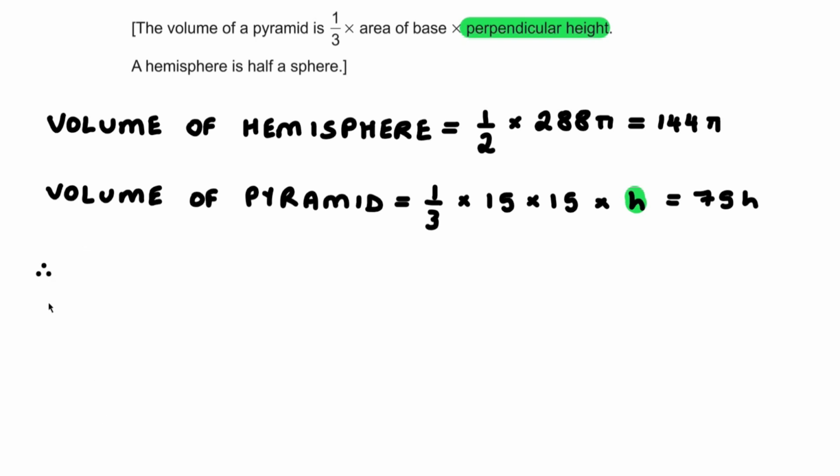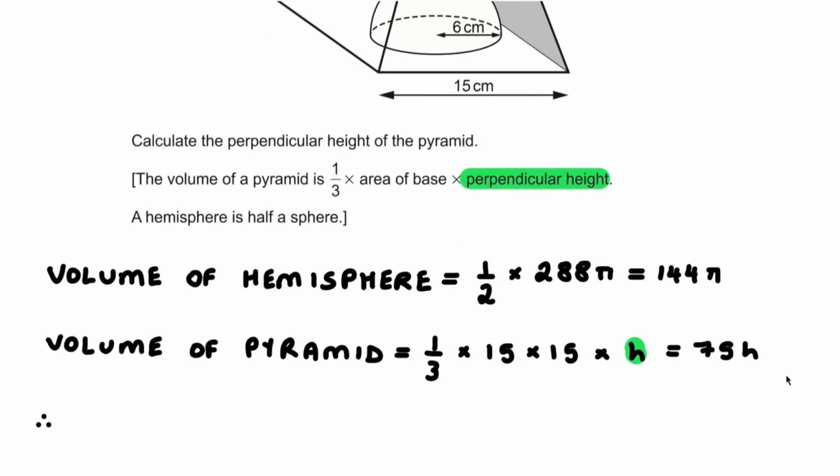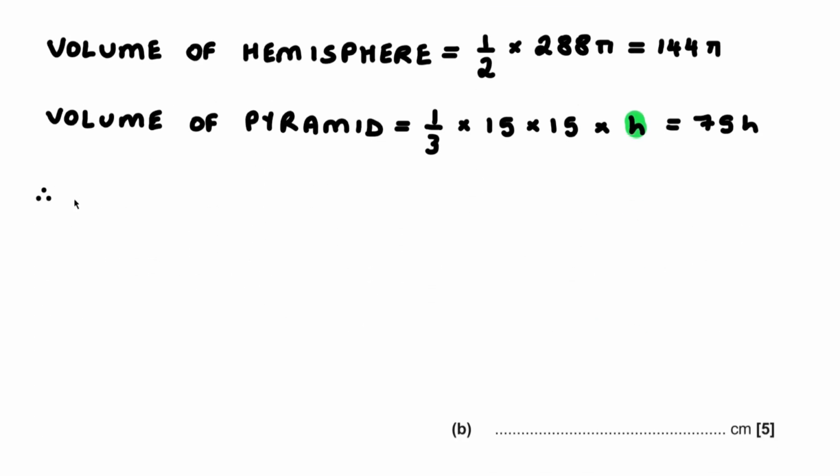So what's happening over here? The volume is reduced by 30%. Okay, so with that 30%, what I need to do is multiply this 30%, which is 0.3, by 75h, and this is 144 pi.